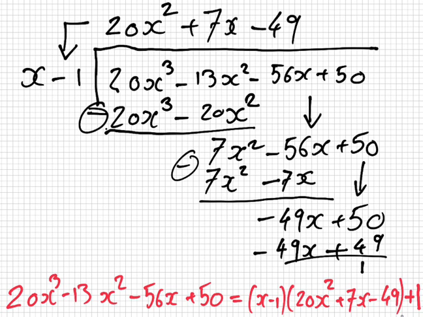So that's what the long division process allows me to do. It allows me to change this cubic into a linear, multiplied by a quadratic, plus a remainder.